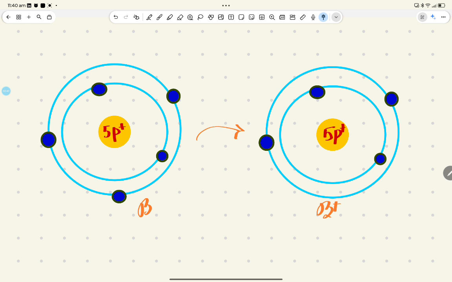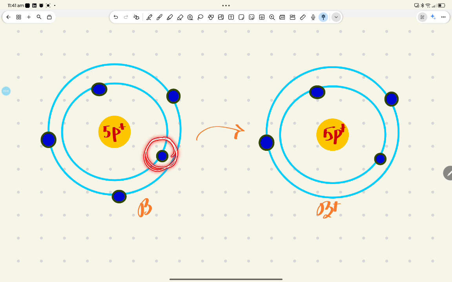Now these electrons are experiencing maximum nuclear charge and force of attraction, which means it is now difficult to get rid of another electron, because they are experiencing more force comparatively than before. So Z effective in this case is more, and the force of attraction is more, which means we will require more energy to remove an electron from B positive.